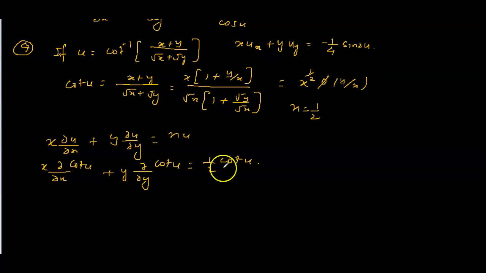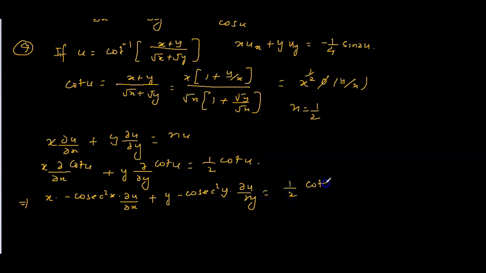So now the differentiation of cot: x into minus cosec square of u into del u by del x plus y into minus cosec square of u into del u by del y is equal to 1 by 2 cot of u.